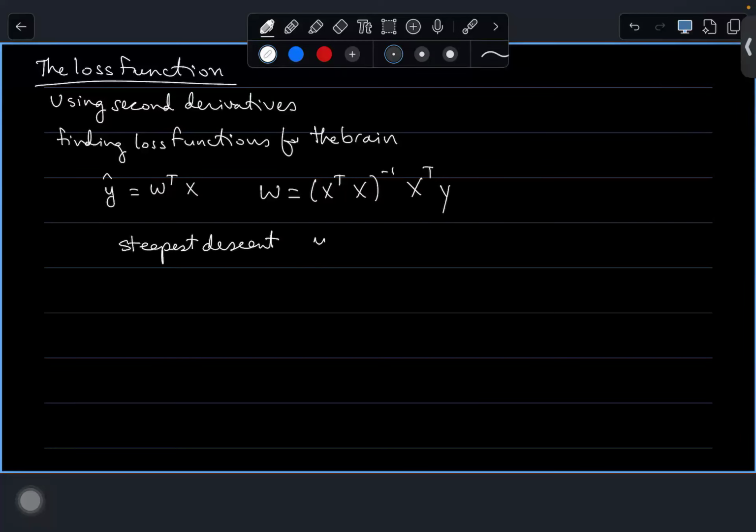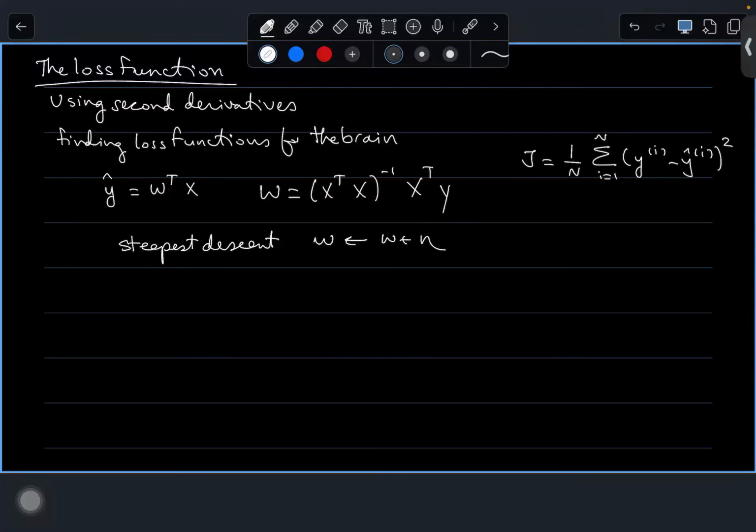which said that basically you want to change W so that it becomes something that depends on the gradient of your cost function. So if the cost function is the expected value of your squared errors, then what I want to do is move in the opposite direction as my gradient of this error.